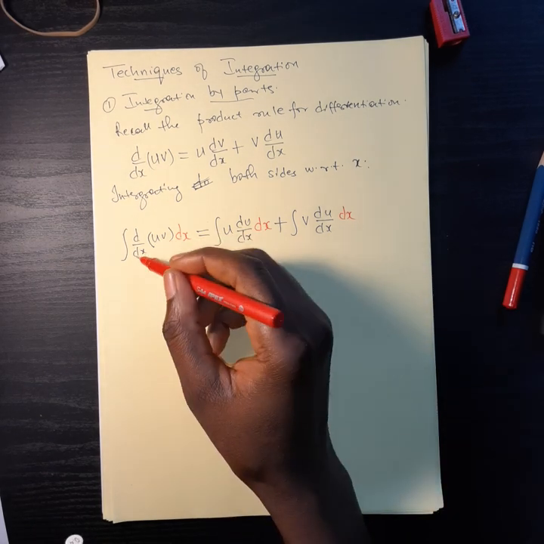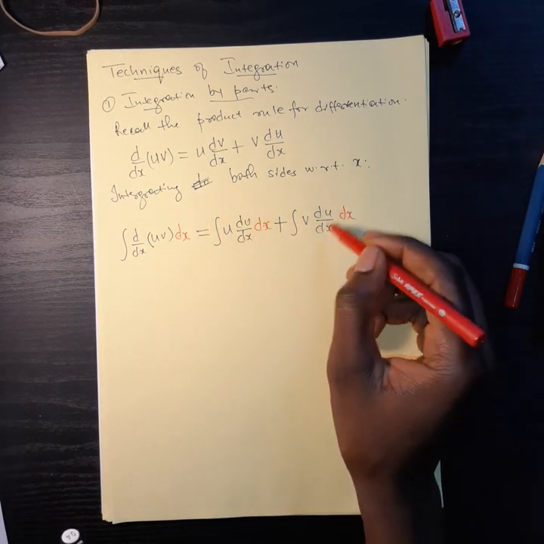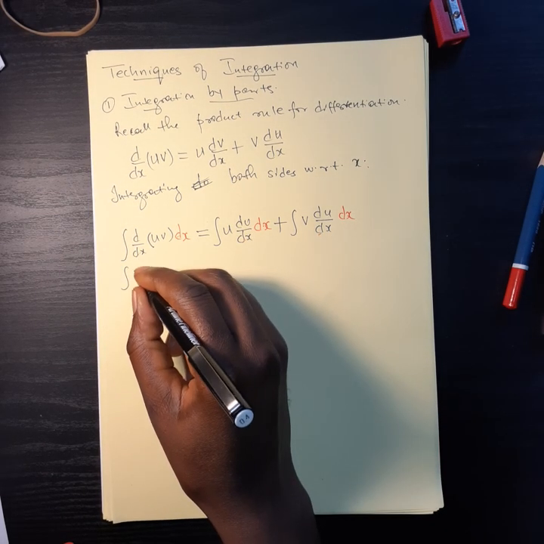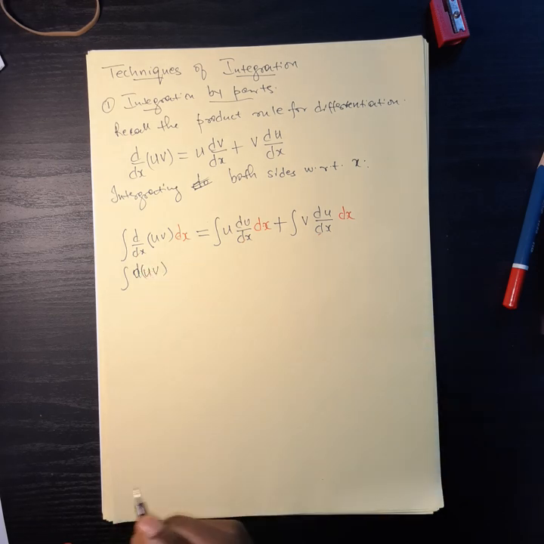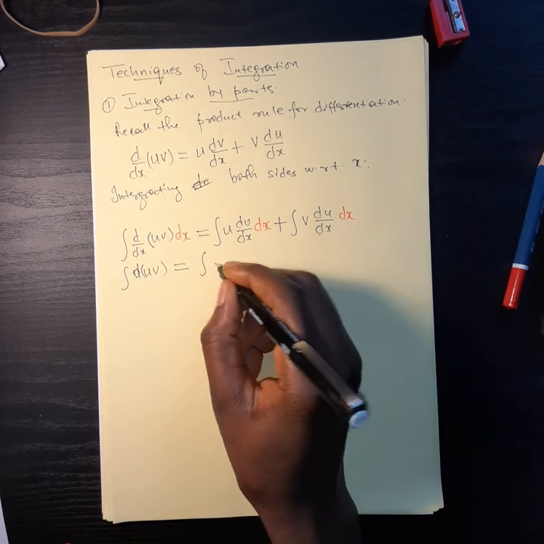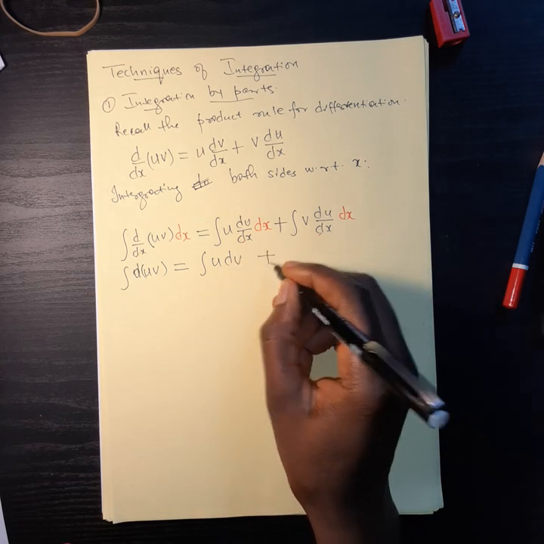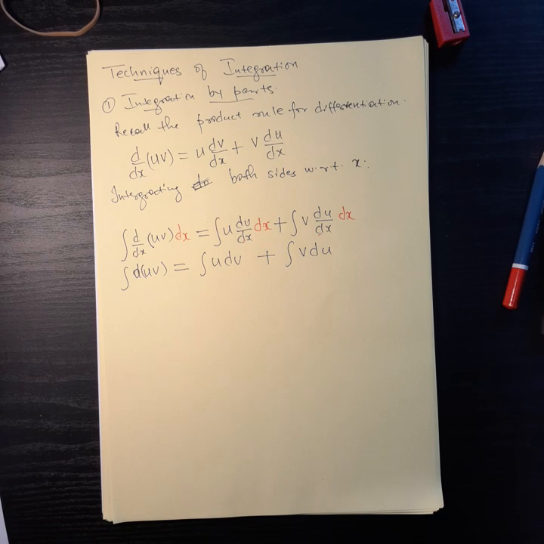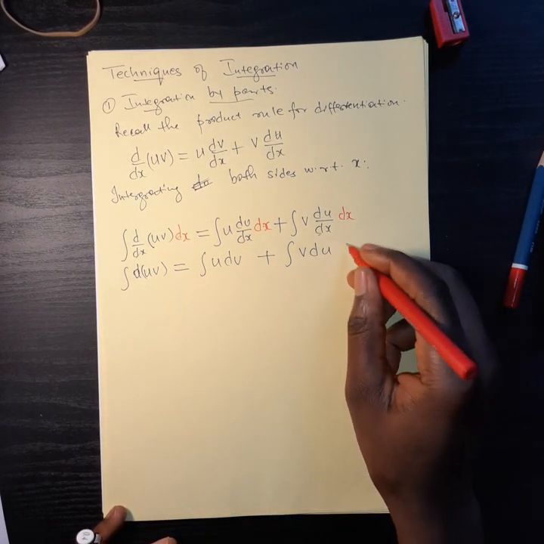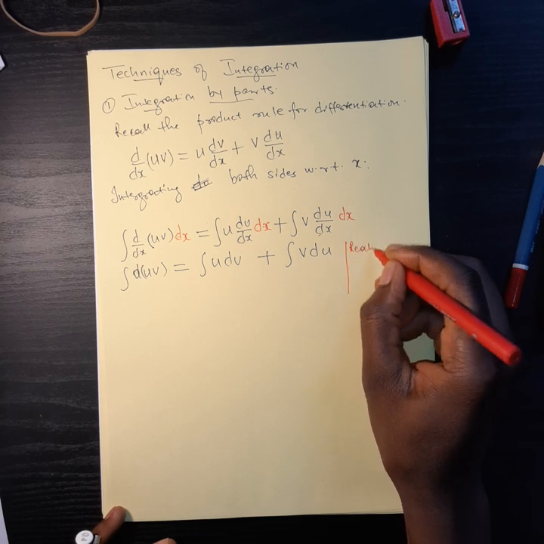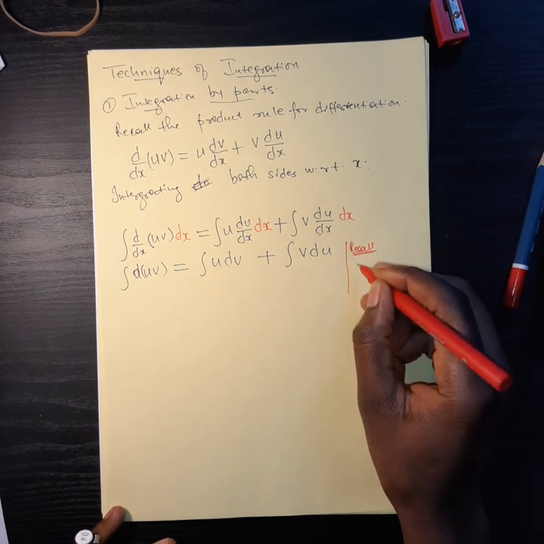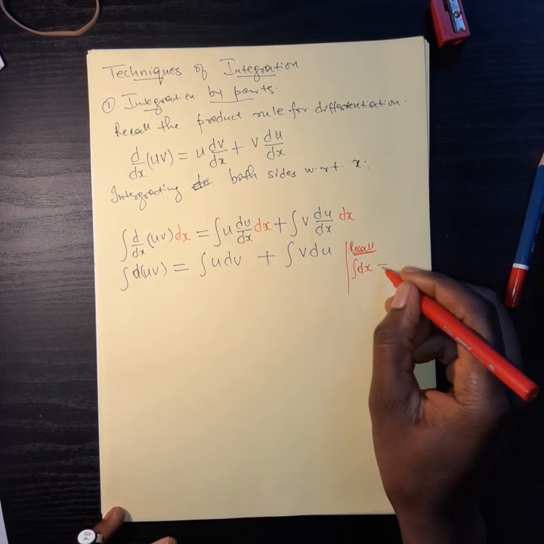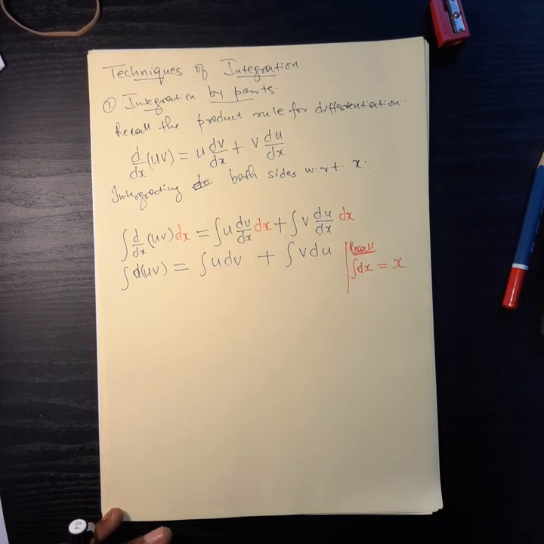And you can see this and that gone, this and that gone. So we end up with the integral of d(uv) on this side, which is equal to the integral of u dv plus the integral of v du. And you will recall that if you have the integral of dx, then this is simply x.